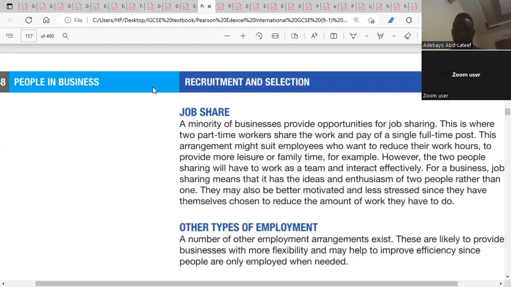So we're going to have 5 working days. Yes or no? Yeah. So we're going to share the pay based on that. I'm going to have reduced hours. You're going to have reduced hours. But at the end of it all, we're going to take up a full-time job as part-time workers.